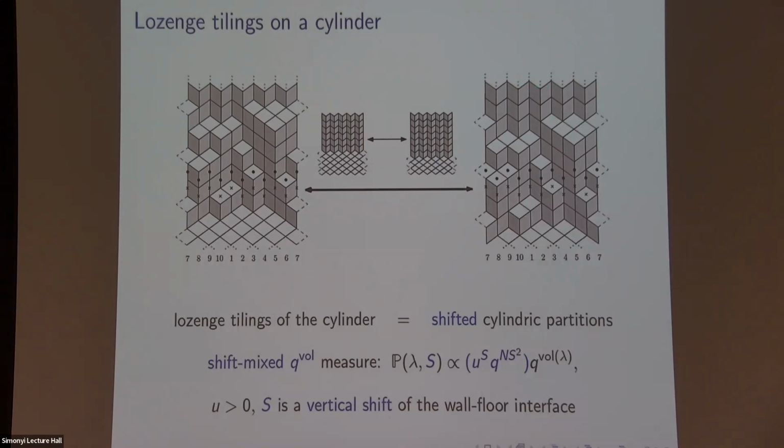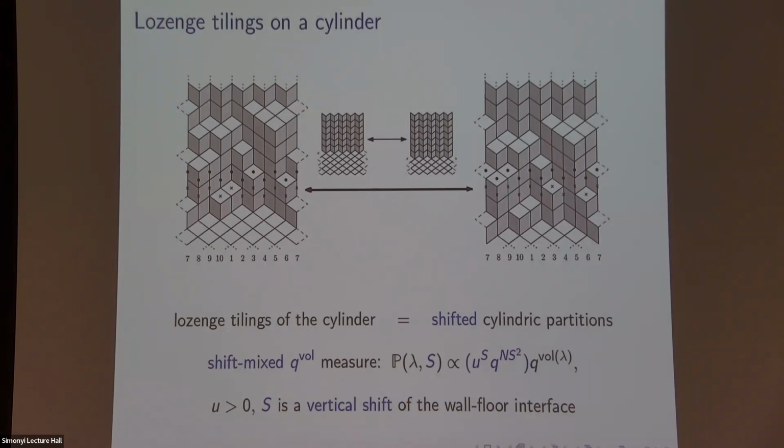Okay, they correspond to the same cylindric partition, but one of them is shifted. And this is the reason why we want to think about a pair of cylindric partition together with the vertical shift. And note that if we think about Lozenge Tilings with our boundary conditions, recall that the boundary conditions are, if we go far away down, then all lozenges are horizontal, and if we go far away up, then they alternate between these two types of lozenges. Then each such lozenge configuration would correspond to a cylindric partition with some vertical shift.